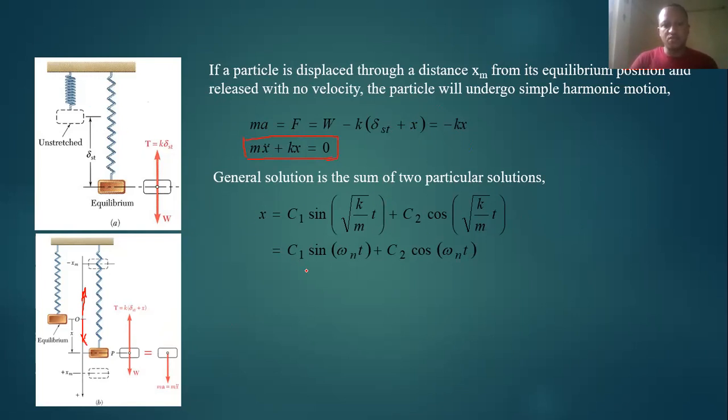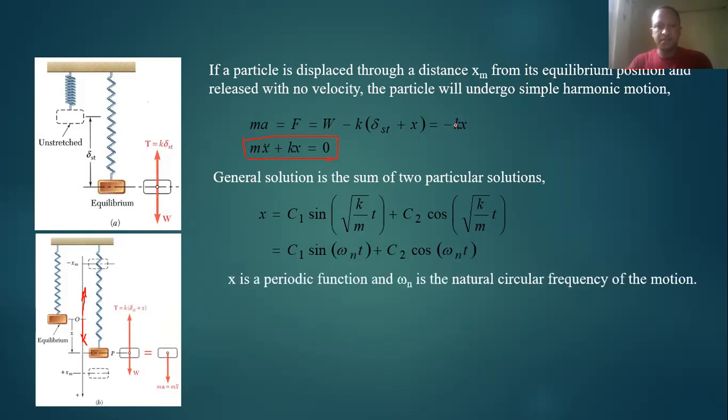This is the general form of solution for this type of motion, as we tried to derive in the first case. Here, x is a periodic function, and omega n is the natural circular frequency of the motion.